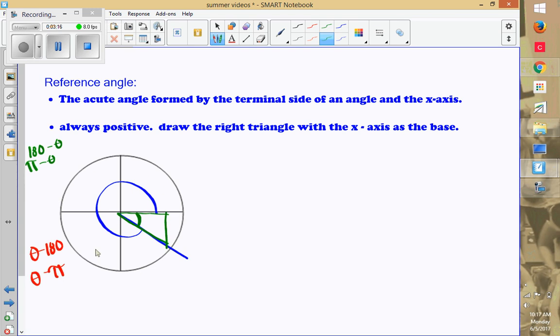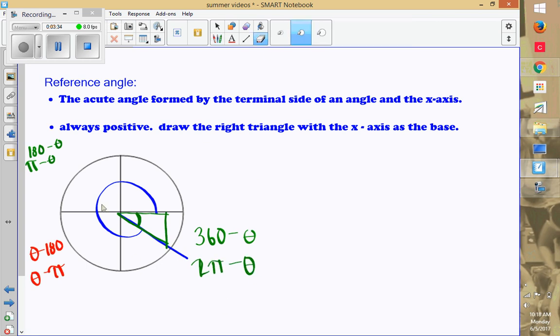Our angle takes us almost there, but we're missing that little piece that fills up that full circle. So to find this value, it would be 360 minus your angle, or 2 pi minus the angle, and that's going to be your reference angle.